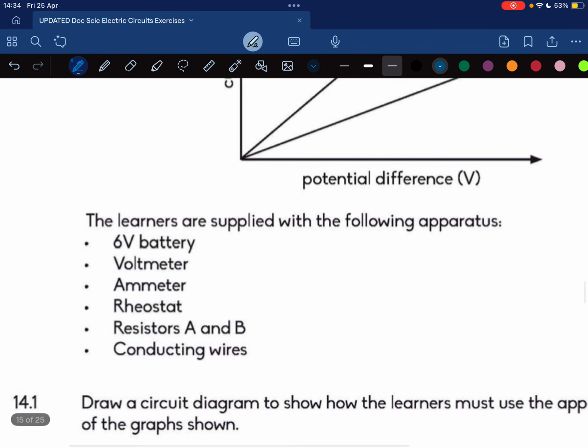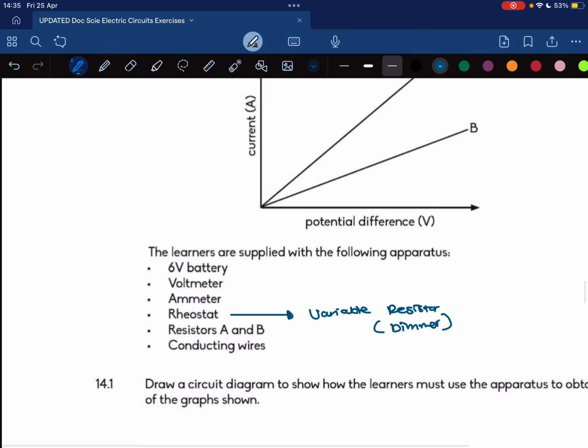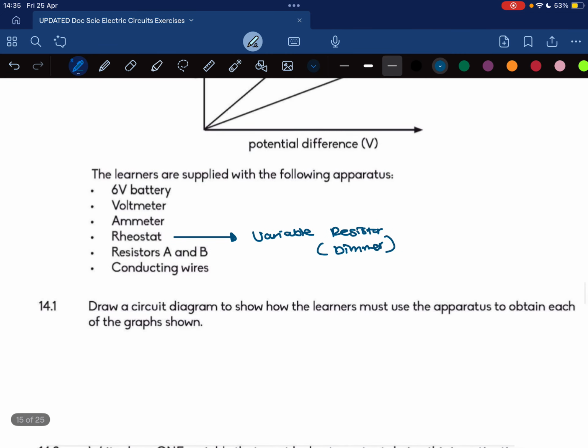A rheostat is just a variable resistor. So it's basically like a dimmer, so you can basically change the resistance. The conducting wires. It says draw a circuit to show how the learners must use the apparatus to obtain each of the following graphs.